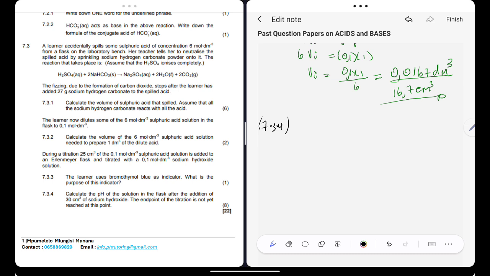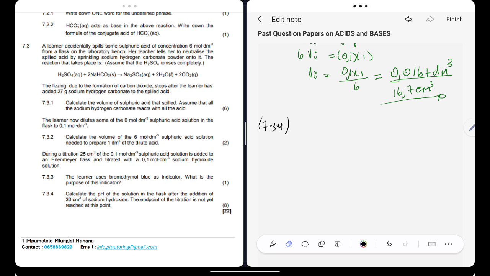Whenever they tell us that the end point is not yet reached, guys, they are trying to limit us that we must not use the titration equation, because you only use the titration equation if and only if the acid and the base have completely neutralized one another. If they haven't, do not use this thing. Okay.